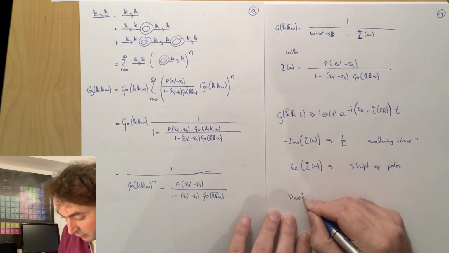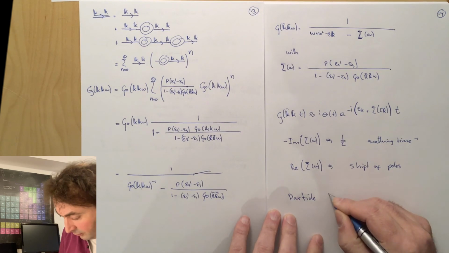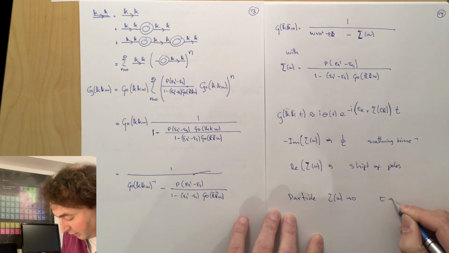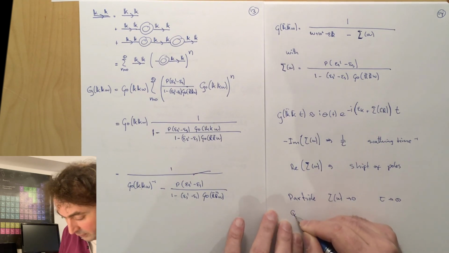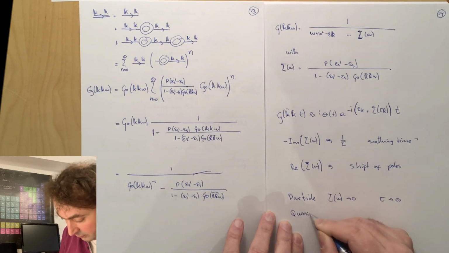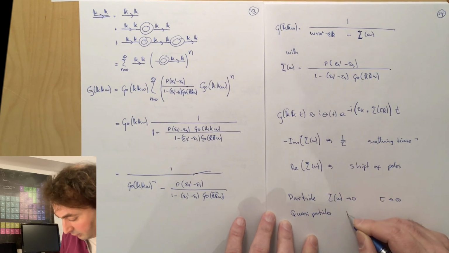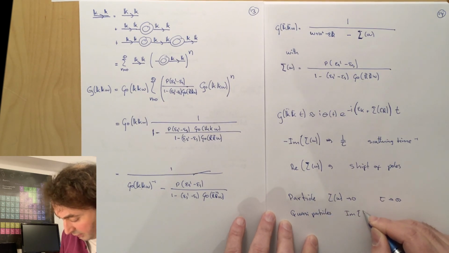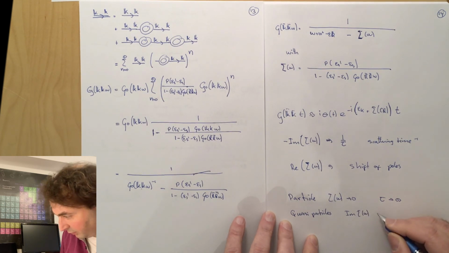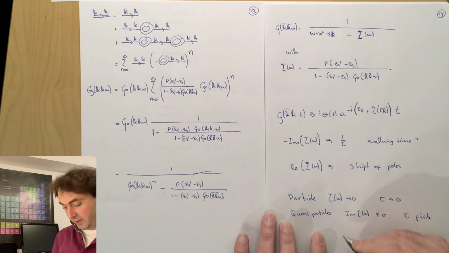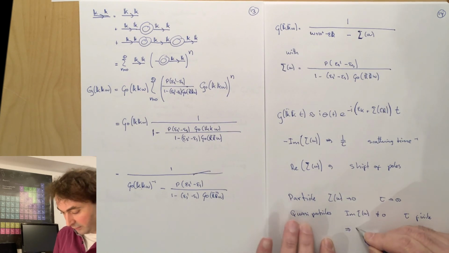So for a particle, sigma of omega goes to 0, tau goes to infinity, and for quasi-particles I would say that the imaginary part of the self-energy is no longer equal to 0, such that their lifetime is finite. In particle physics, this is also known as a resonance.